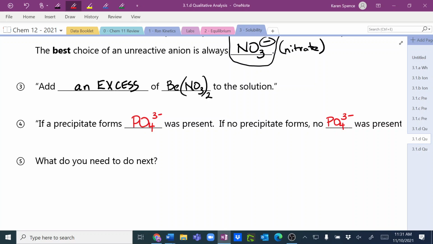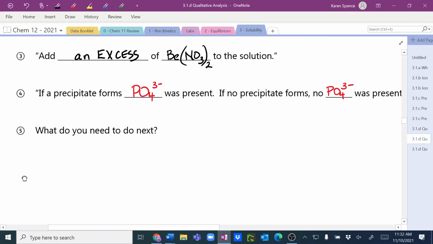What do you need to do next? Tell your partner. Do something to separate them. Yeah, what are your choices?